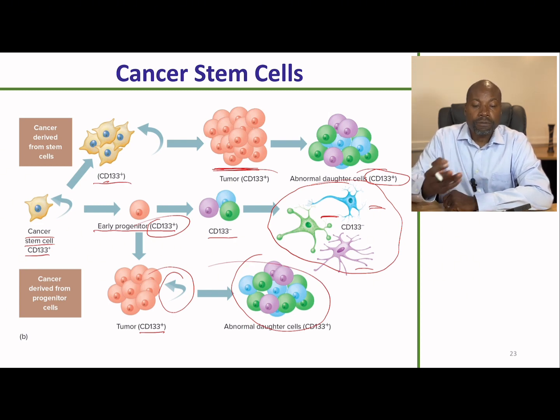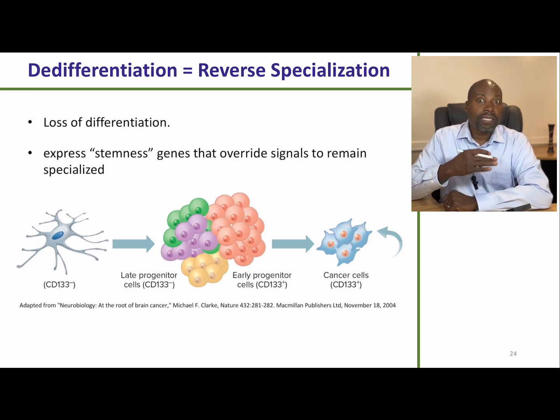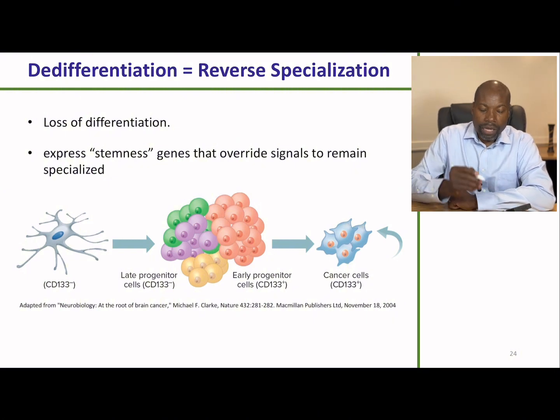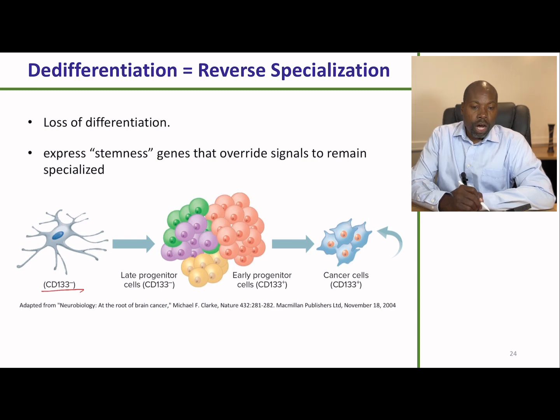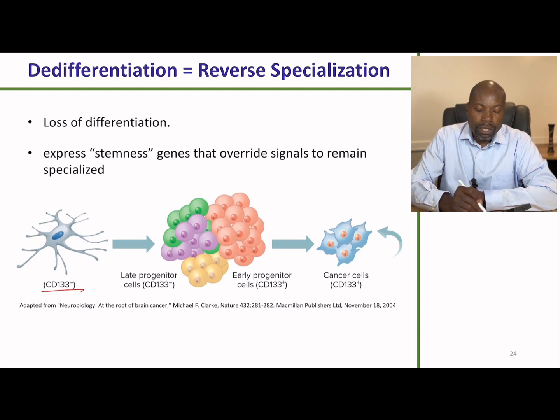So this is from stem cells. And then we have dedifferentiation. In a dedifferentiation, we have a cell of the nervous tissue that technically is not expressing CD133, will actually go backwards.